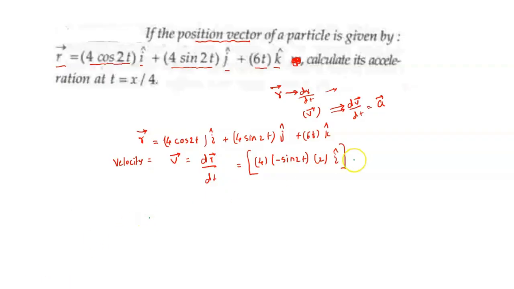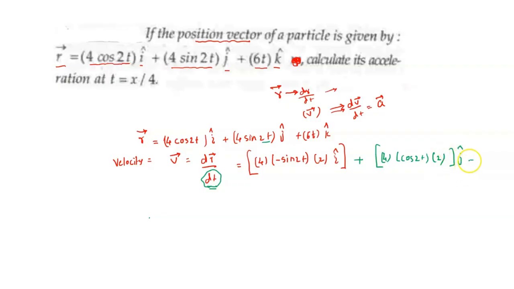Now let's go for the plus. The 4 stays as it is; sine theta becomes cos theta in differentiation. So 4 cos of 2t multiplied by the differentiation of 2t, which is 2, because we are differentiating with respect to t. That is into j hat.